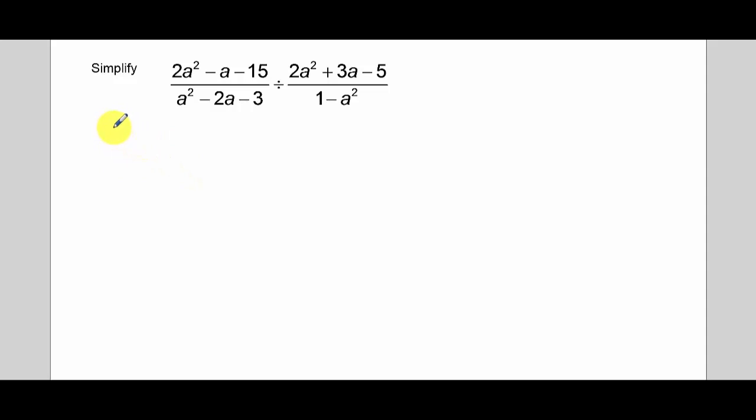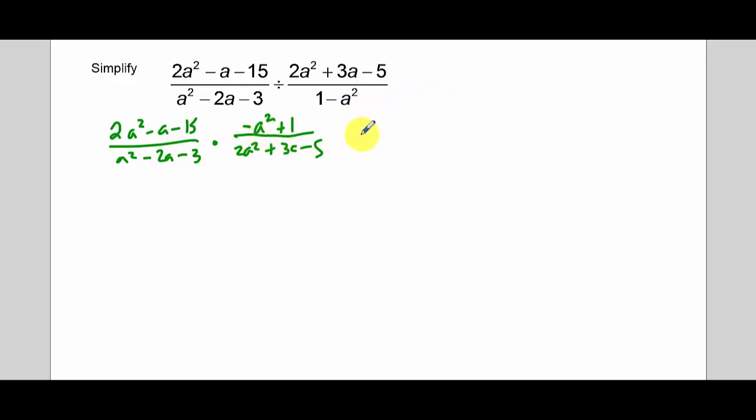I have 2a squared minus a minus 15 over a squared minus 2a minus 3 multiplied by negative a squared plus 1 over 2a squared plus 3a minus 5. And then I'm going to do just the quick little GCF here of a negative 1 to factor that out.